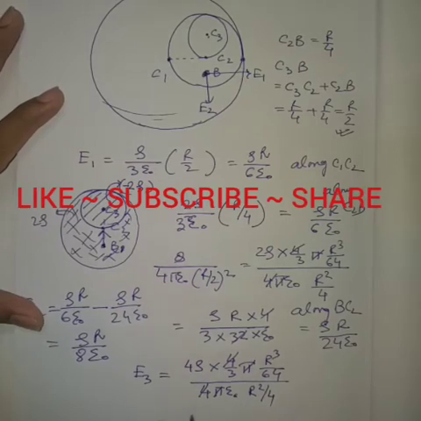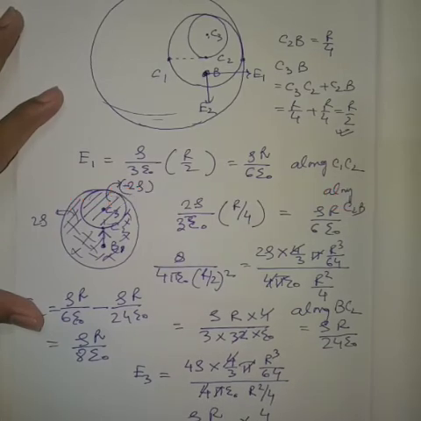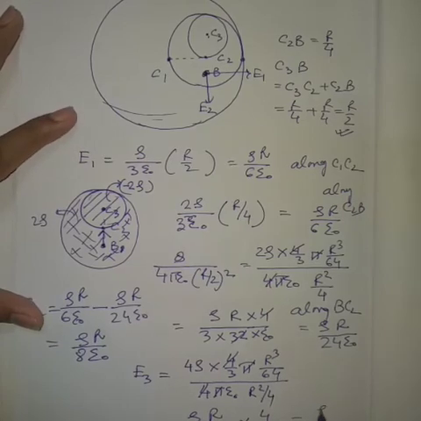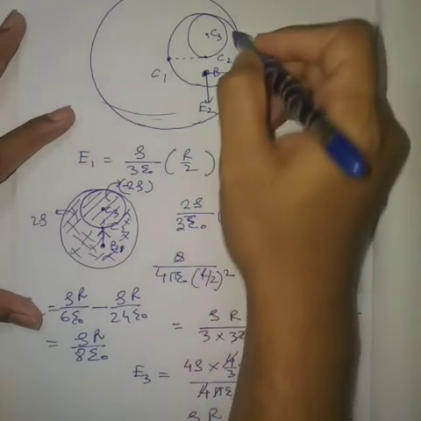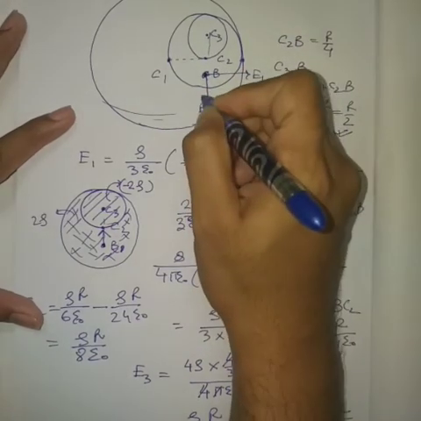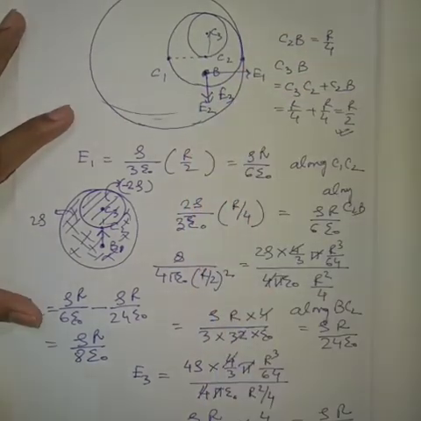Therefore, rho R by 3 into 16 into 4 by epsilon naught, I think. Therefore, this will be rho R by 12 epsilon naught, and this will be along C3B. So this will be along this direction, E3.